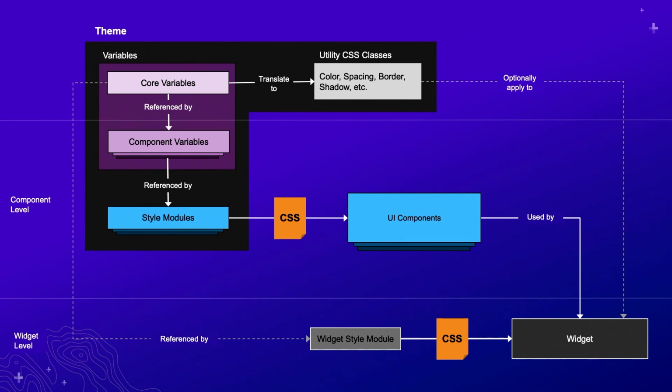And those CSS files will be used by the actual UI components to apply the styles. Since the widget is mostly composed of UI components, that's how the widget adapts the theming from the framework. And as the demo has shown, the widget itself can also have its own style added to it.